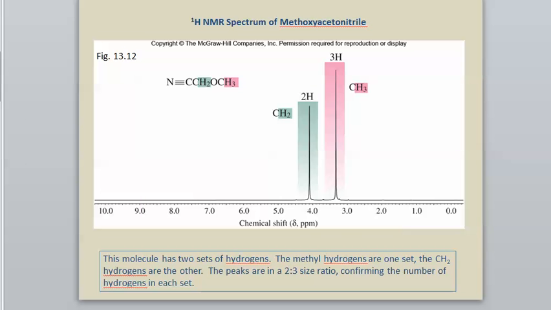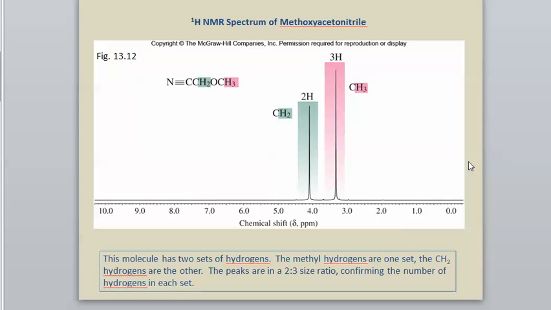Here's an example from the textbook, figure 13.12, and you can see they've color-coded the hydrogens here, and we've got 2 hydrogens, part of that CH2 group, that are equivalent to each other, and their resonance is different from the group of 3 hydrogens on this methyl group. Both of those sets of hydrogens are near that oxygen that separates those 2 carbons, which is why their chemical shifts are where they are, a little bit higher than what methyl groups typically resonate at.